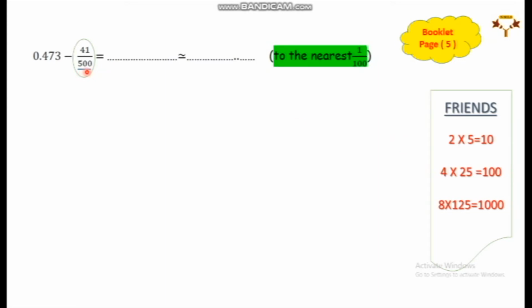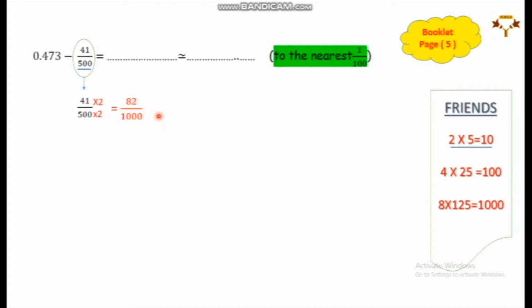Excellent. So I have to multiply this 500 by 2 and the 41 by 2 also. So here we have to multiply up and down by the same number. When I multiply by 2 up and down, I get the answer, which is 82 over 1000. Now it's clear that you can change this fraction into a decimal easily by counting the zeros and putting a decimal point.